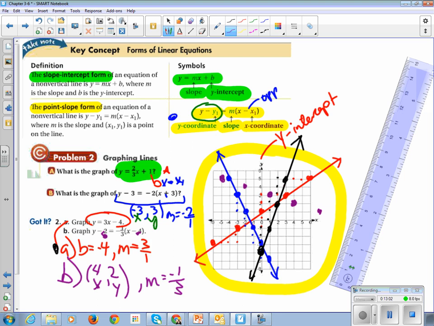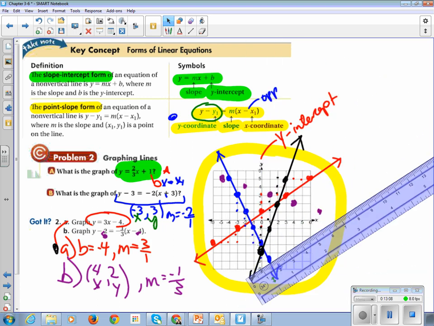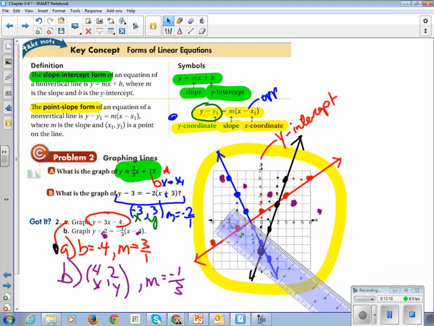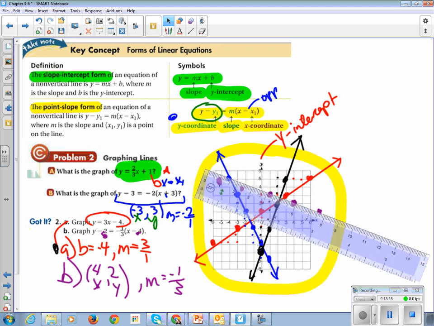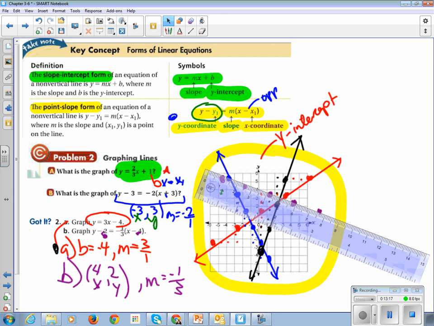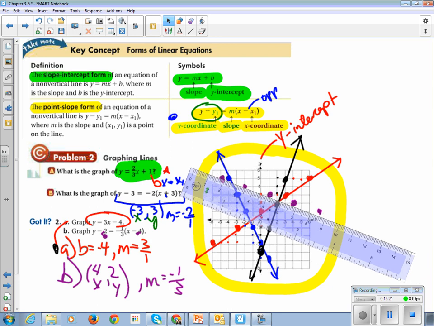And I have this nice line up here. So let's get my straight edge, oriented the right way. Those points. There we go. How about my ruler? Perfect.